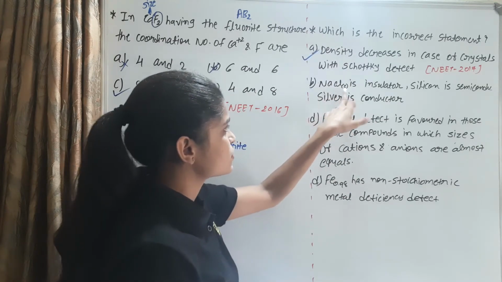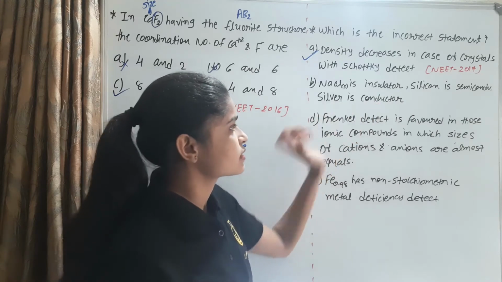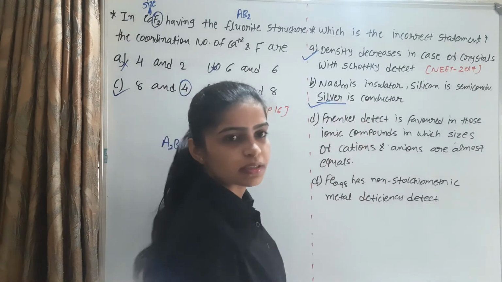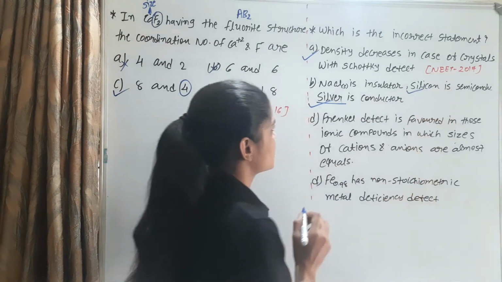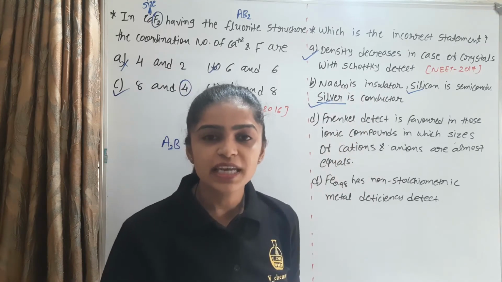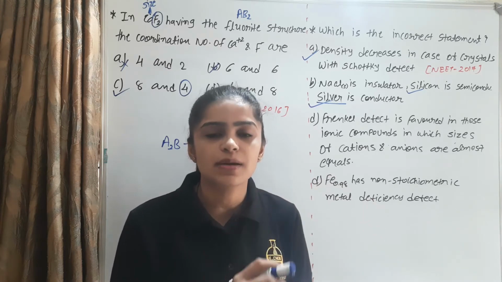Second, NaCl solid is insulator, silicon is semiconductor and silver is conductor. Yes, we know that silver is a metal, so metal is conductor. Silicon is semiconductor, right? But NaCl is insulator. In NaCl, the Coulombic force is present between Na plus and Cl minus.